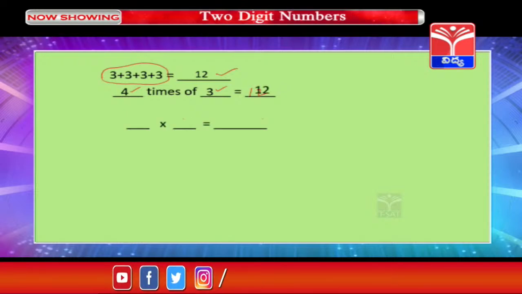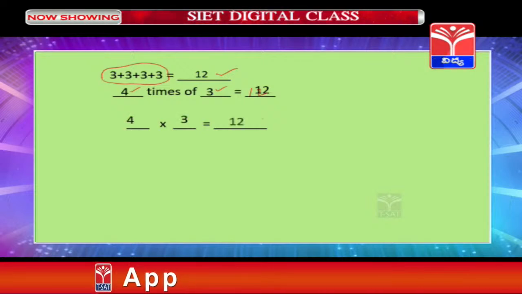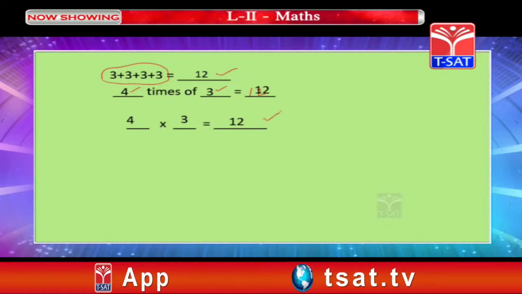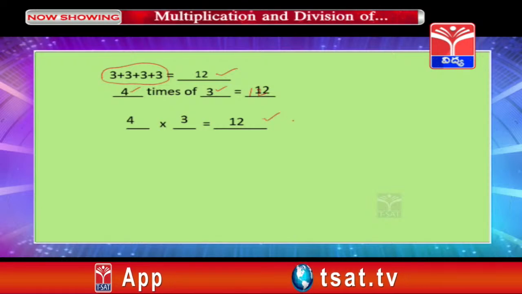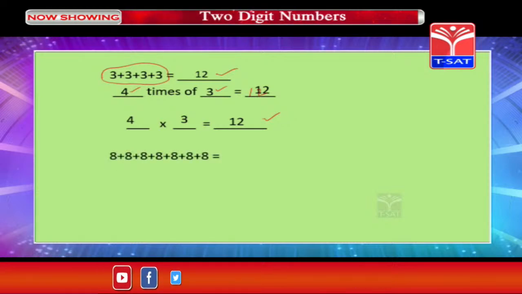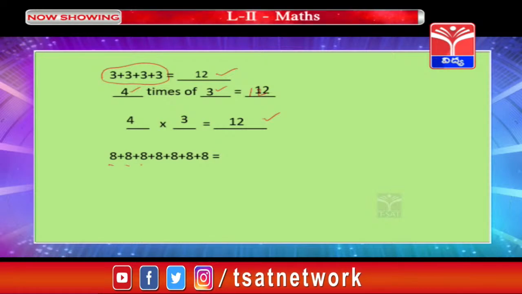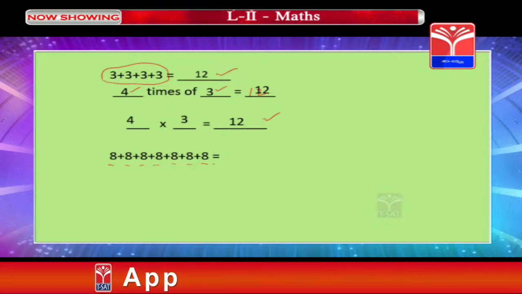Right? Next, how can it be written by using the multiplication symbol? So 4 into 3 equals 12. 4 into 3 means 4 threes, that is 3 plus 3 plus 3 plus 3. Right? So next, what do you observe here on the screen? 8 is added repeatedly. How many times? 1, 2, 3, 4, 5, 6, 7 times.